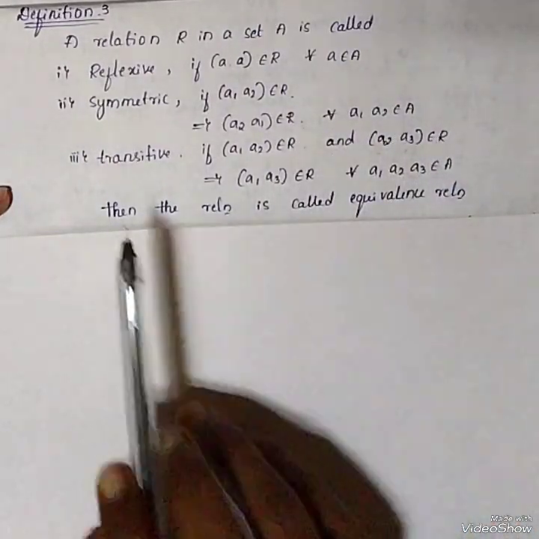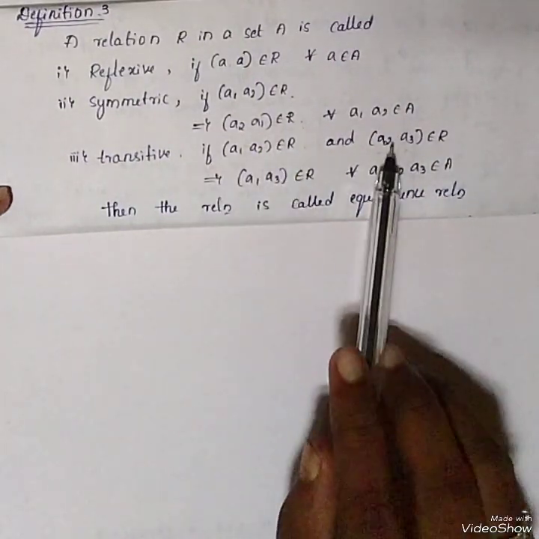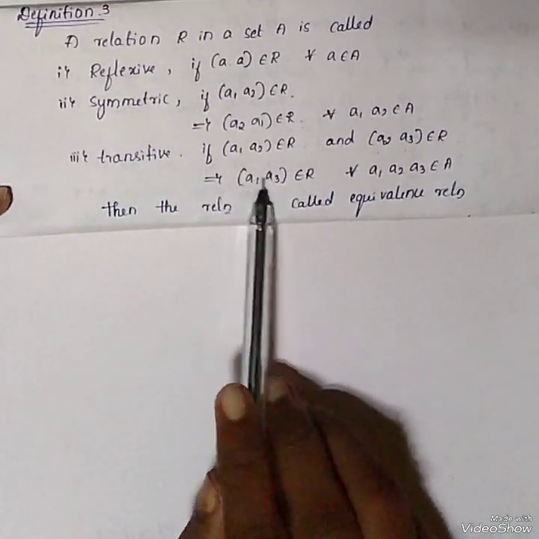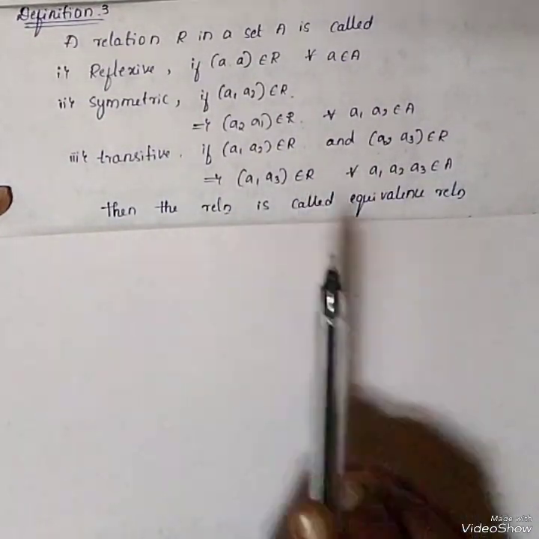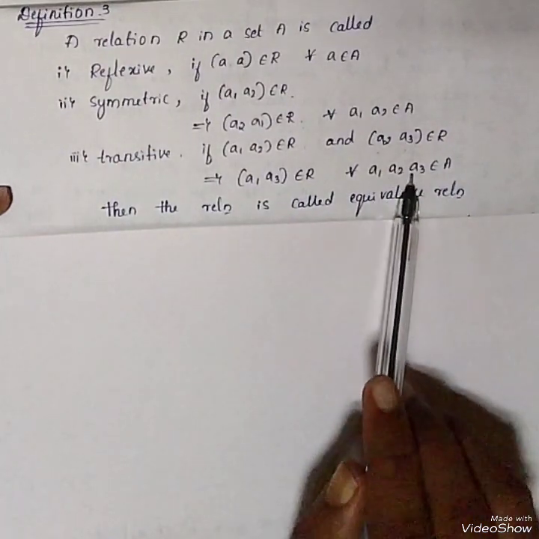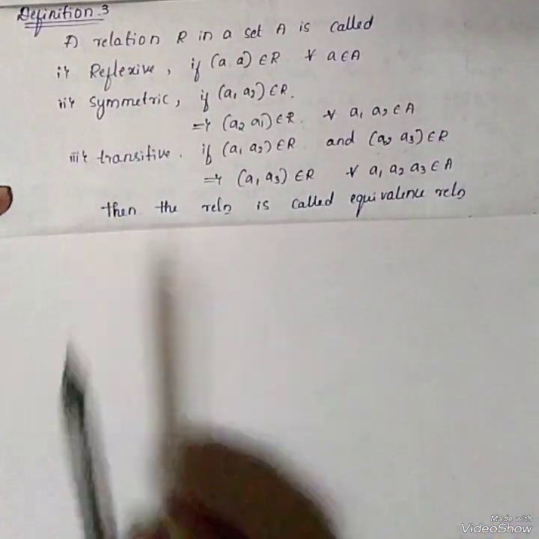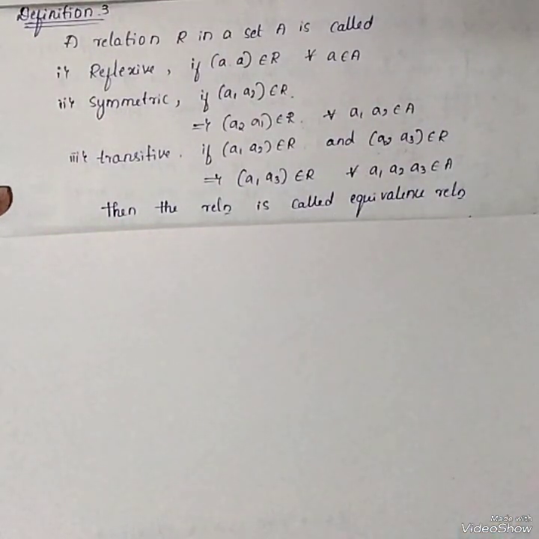A relation is transitive if (a1, a2) belongs to R and (a2, a3) belongs to R implies (a1, a3) belongs to R for every a1, a2, a3 belonging to set A. When these three conditions are satisfied, we say that it is an equivalence relation.